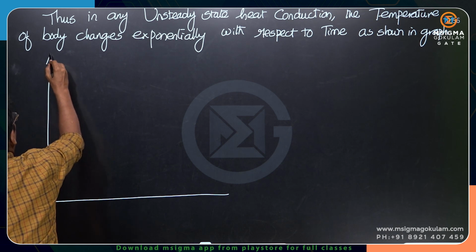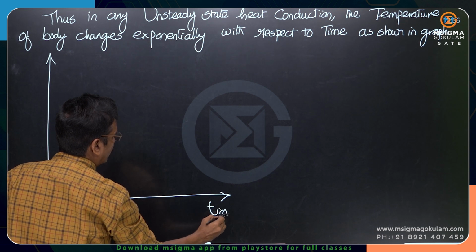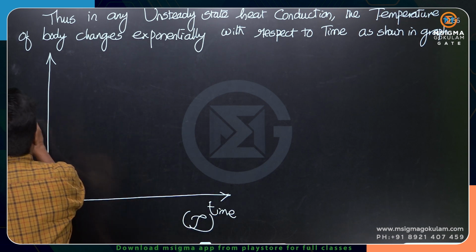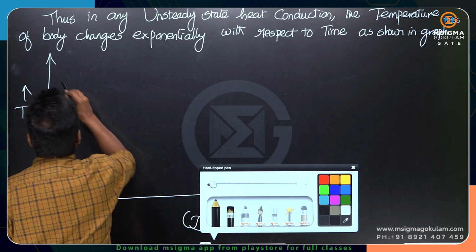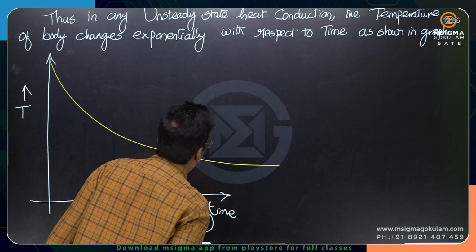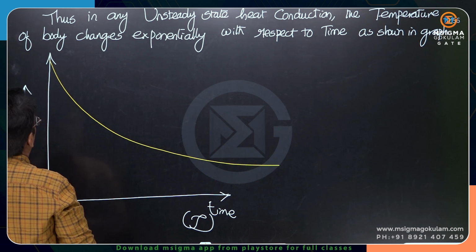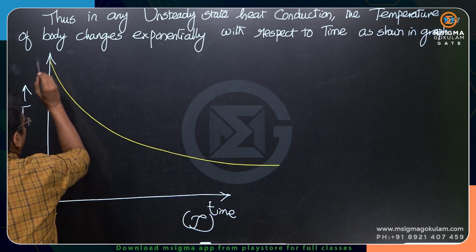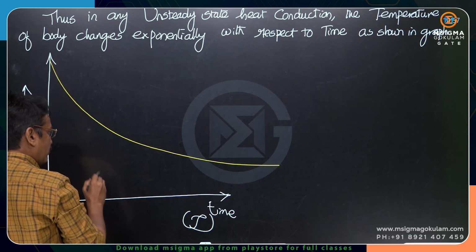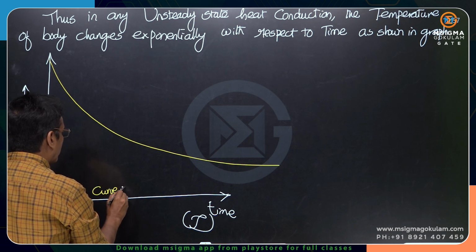This is the variation of the temperature of the body with respect to time. Time tau, this is the temperature of the body. At tau is equal to 0 seconds, we have the temperature Ti. But as time progresses, the curve is asymptotic to the time axis.